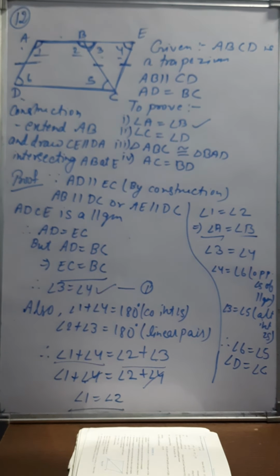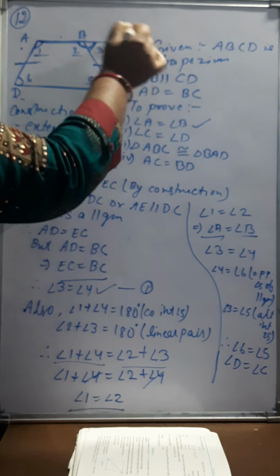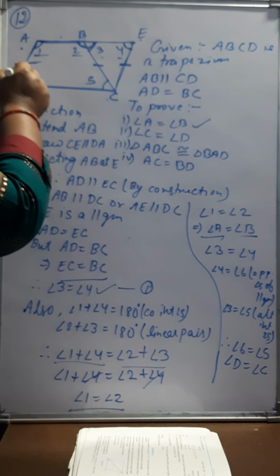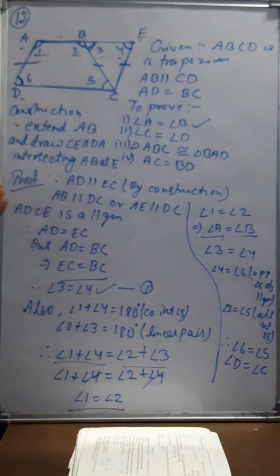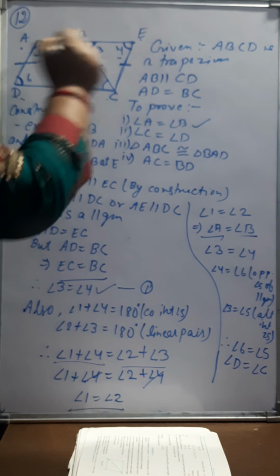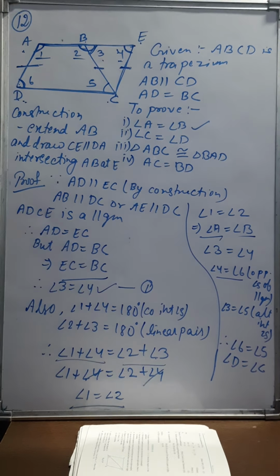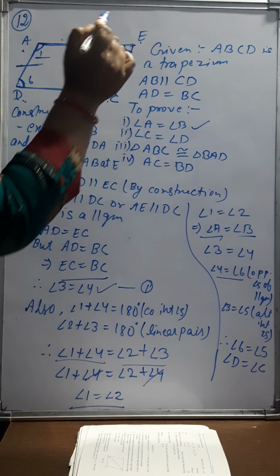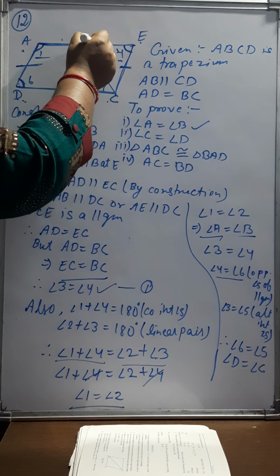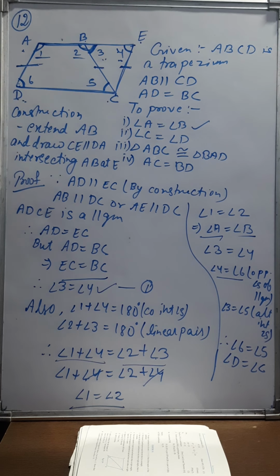Next part, we have to prove angle C is equal to angle D. Now you see here carefully, if ADCE is a parallelogram, angle 6 will be equal to angle 4, because both are opposite angles of a parallelogram. So I wrote here angle 4 is equal to 6. Angle 3 is equal to 4, already we have proved. Angle 3 will be equal to angle 5.